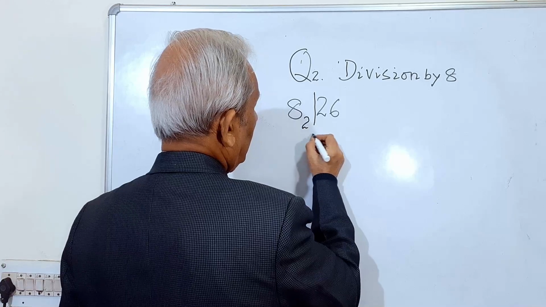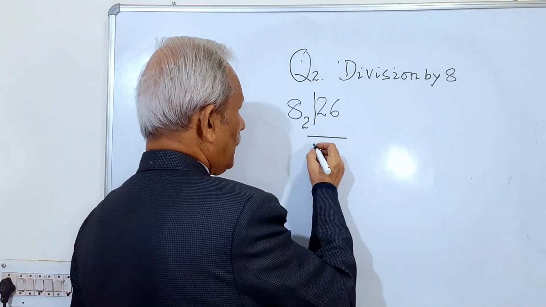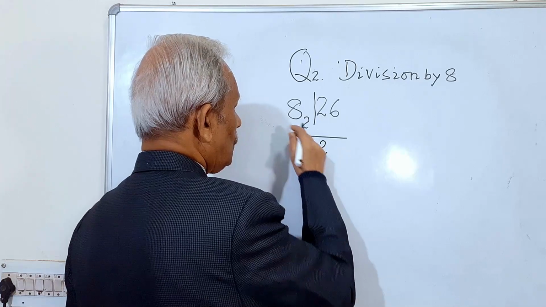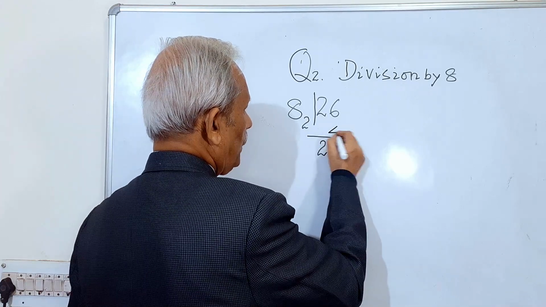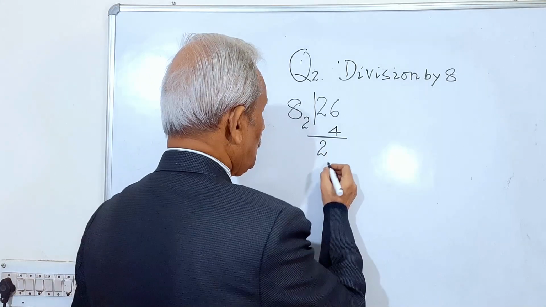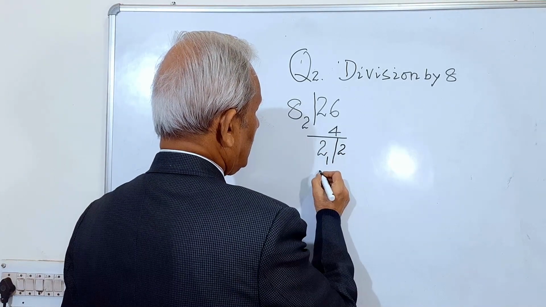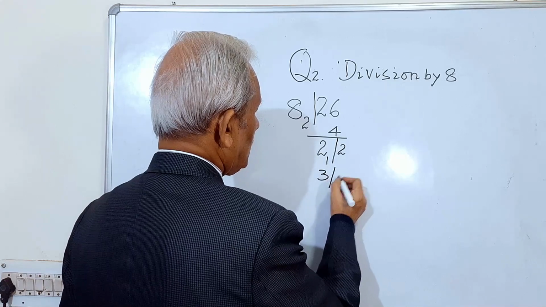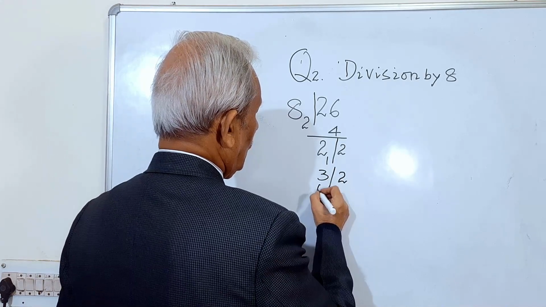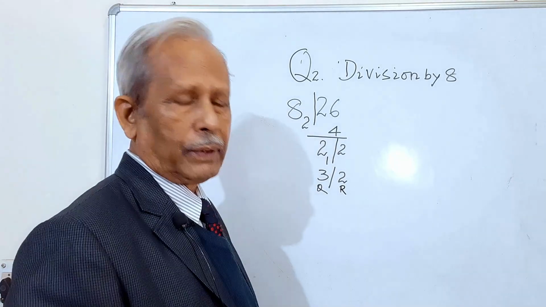We write 2 here, so you don't forget it. 2 comes down as it is, and now 2 into 2 is 4. We put 4 here. 6 plus 4, 10. 8 goes one time into it. What's remaining? 10 minus 8 is 2. The answer is 3 is the quotient and 2 is the remainder. Okay, very simple.